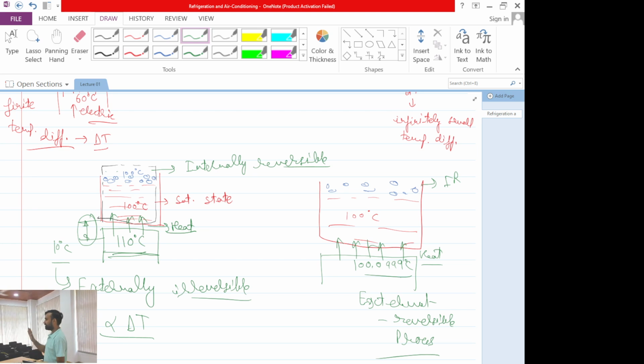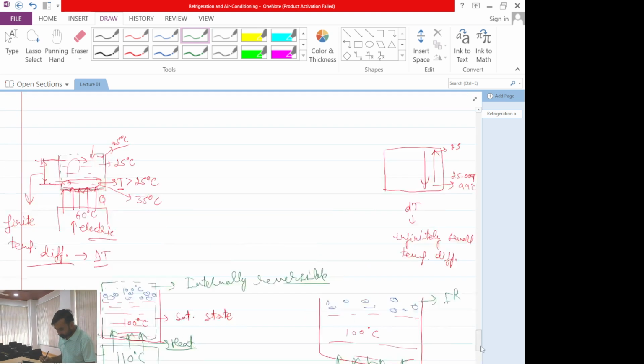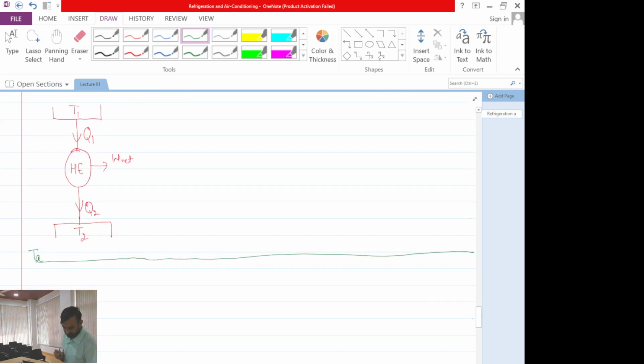So internally reversible processes are practically possible because these can be achieved in a finite amount of time with small deviations from the actual practical conditions. Is this one clear? So now you can understand this actually.